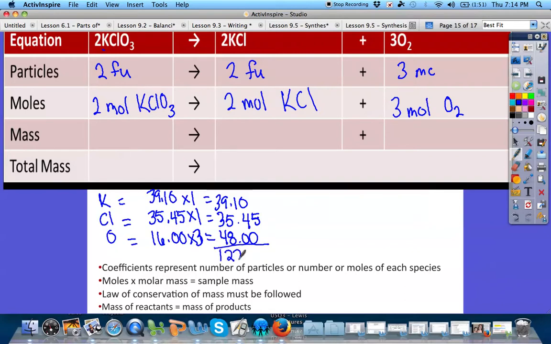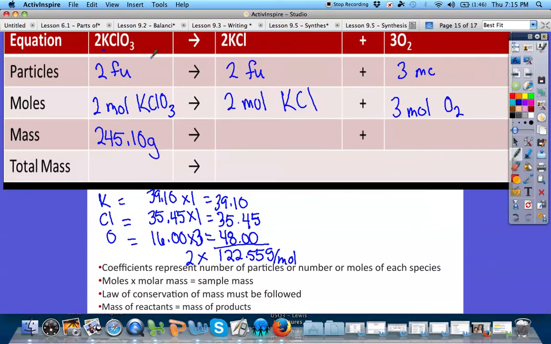And remember, we label our molar mass as grams per mole. But this is just 1 mole. You guys told me that there was 2 moles. So we're going to have to multiply that by 2. And we're going to get a mass of 245.10 grams for the 2 moles of potassium chlorate.